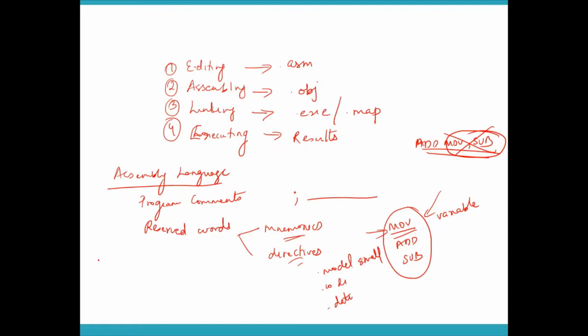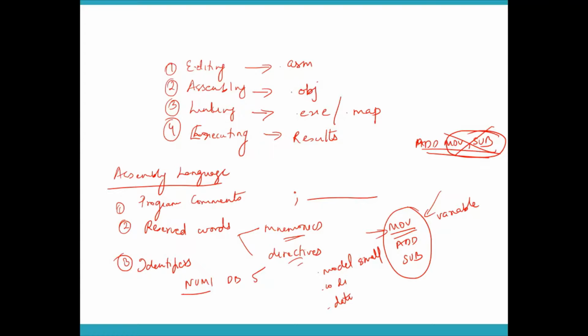What do you mean by identifiers? Identifiers means variable names. Okay. So reserved words, which may be instruction mnemonics or assembler directives, cannot be used as identifiers. So the third element that you will find in your program is an identifier. Say if I write num1 db 5, num1 is an identifier.